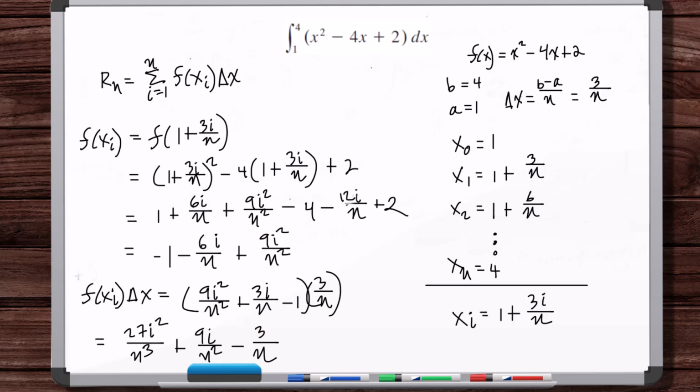So this would be minus 6i over n, and then that would be 27.